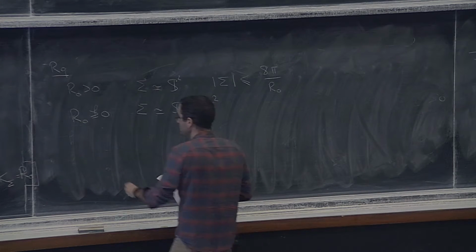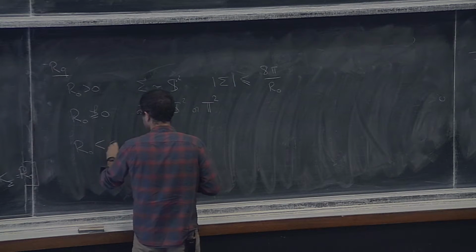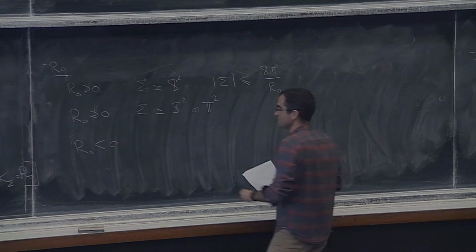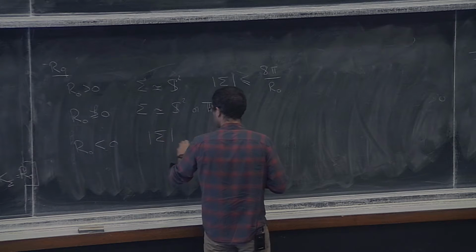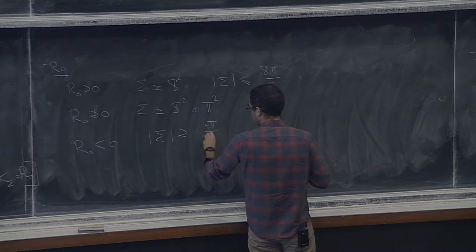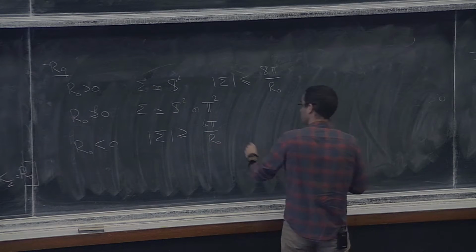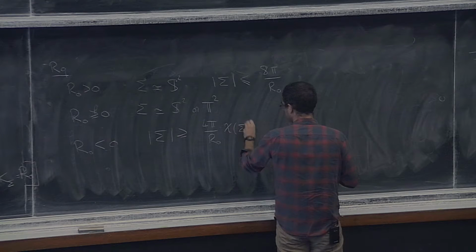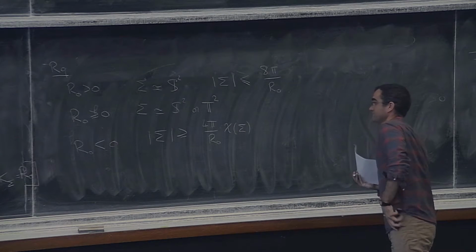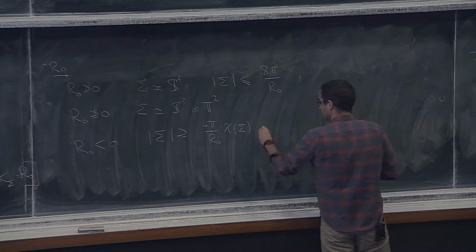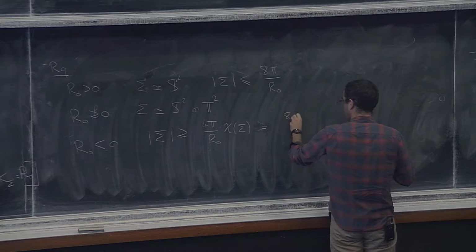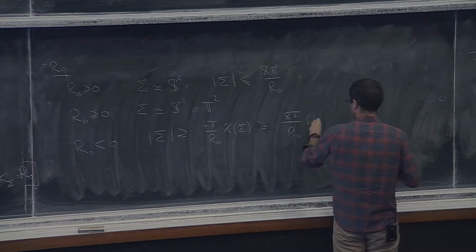Okay, and if R0 is negative, what you get is that sigma has an area which is larger than 4 pi over R0 times the Euler characteristic. Sorry. So larger than, which is just 8 pi over R0 times G minus 1.